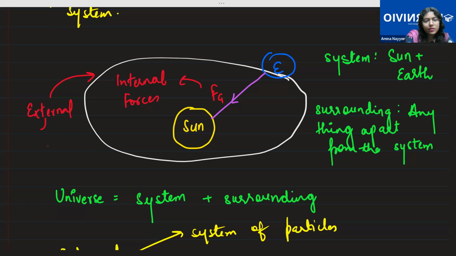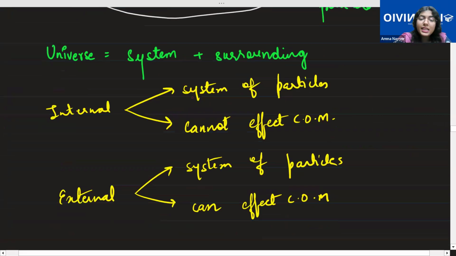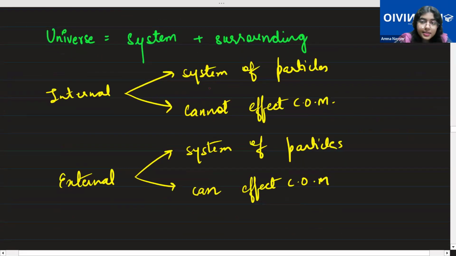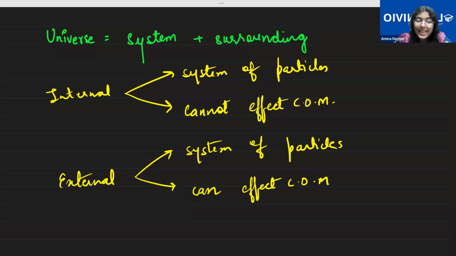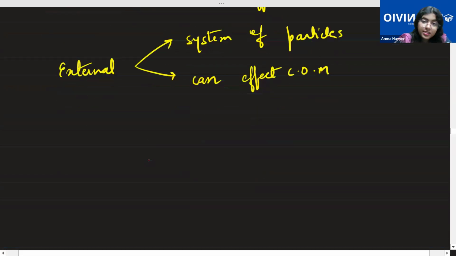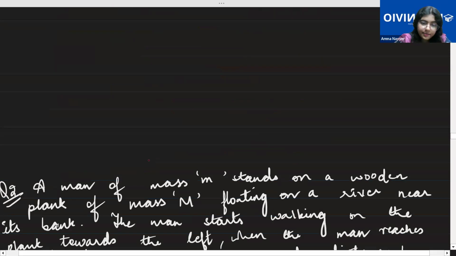If I have external forces, coming from the surrounding and not from the system, those are considered external forces. Internal forces do not disturb your center of mass, but external forces definitely change the center of mass. So we need to be careful whether there is any outside force or not. Internal forces cannot affect the center of mass, while external forces can change it.